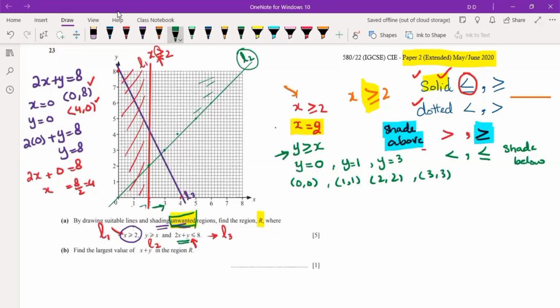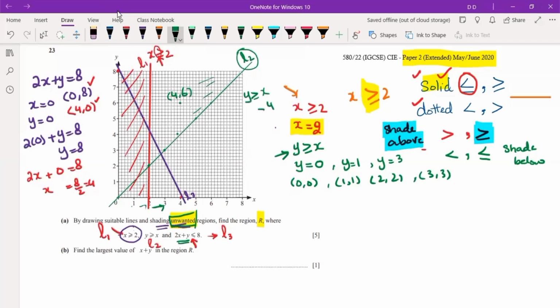How do you know? Let's have a point over there. Let me explain which is the satisfying section. If I take a point here, let me take 4 and 6. This is a pair of coordinates, 4 and 6. I just need to plug this 4 and 6 in this equation.